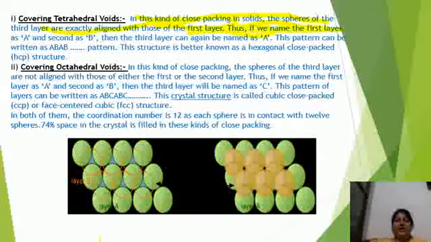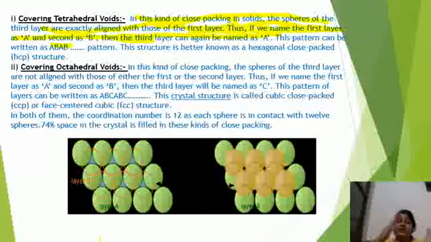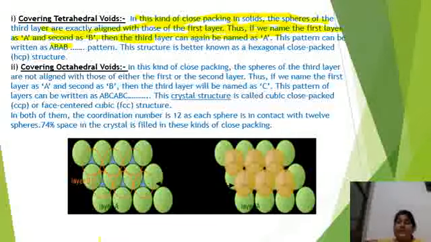First layer A है, तो third भी A होगी, but second will be different. This pattern is ABAB. For example, first layer is A, second will be B, third again A. First और third resemble करते हैं, the second will be different. This system is known as hexagonal close packing.